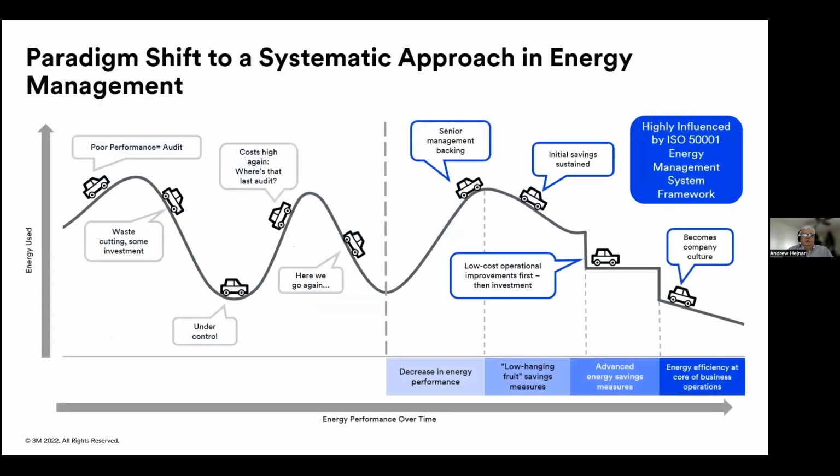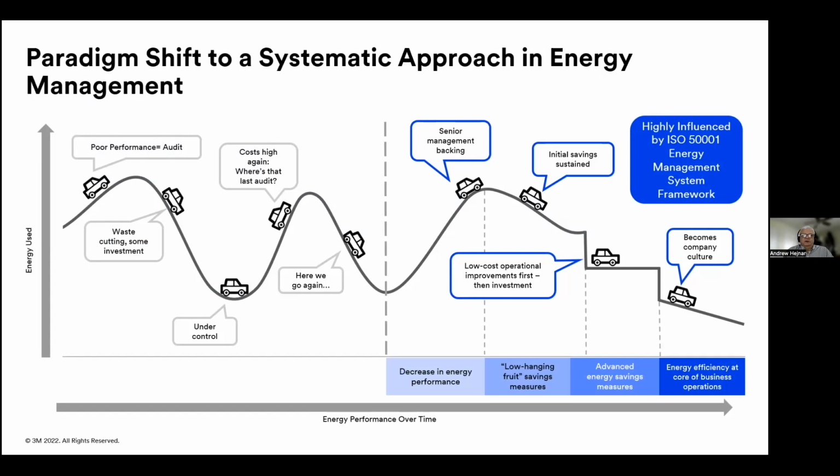When we work with energy management systems, our approach is a systematic approach to energy management. And as you can see on the left-hand side of the diagram, the sine wave basically is what companies without systematic approach see, where we have a good performance, everything is under control, but then something happens and we lose control of the energy efficiency programs.